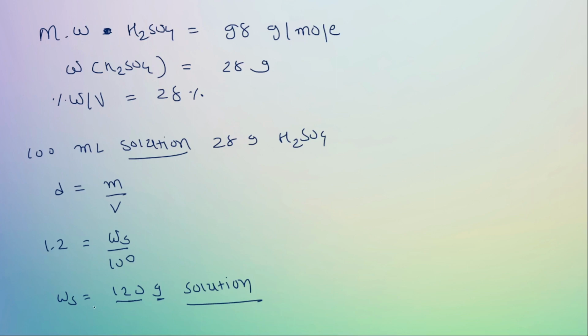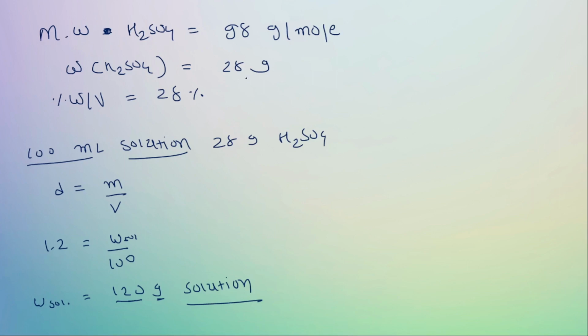So W solute is here, molecular weight is here, and volume of the solution is 100 ml. We can denote it as W solution, because we have to find it for the solvent also. For the solvent, to find the weight of the solvent, we have to subtract 28 gram from 120 grams.